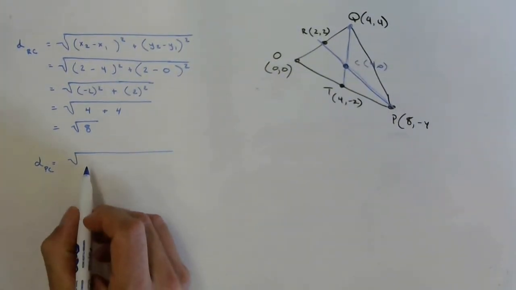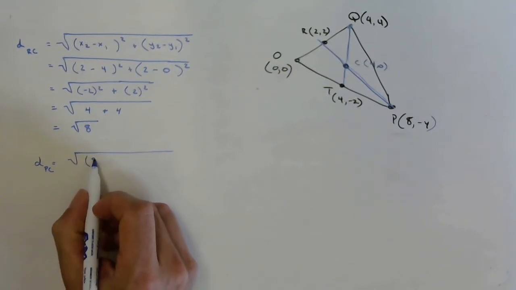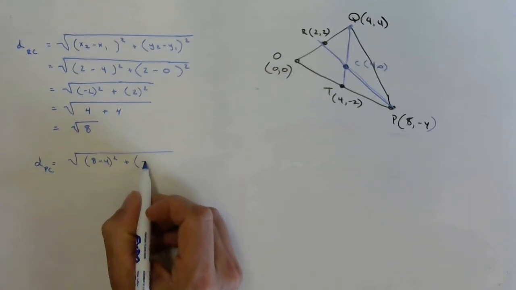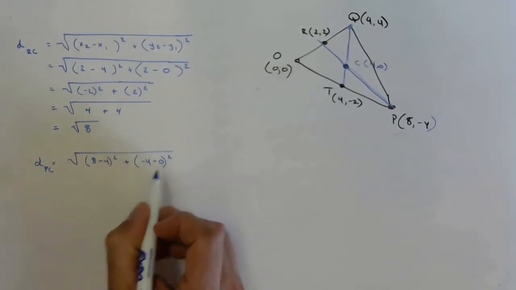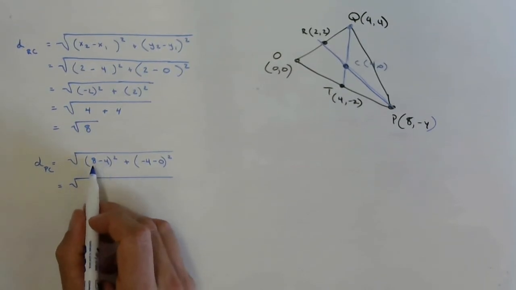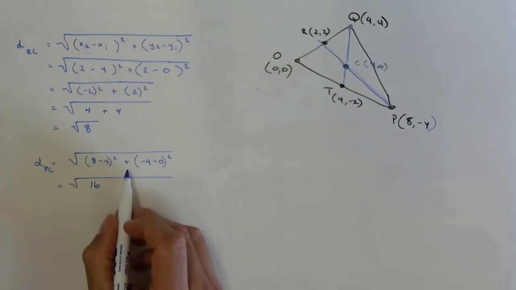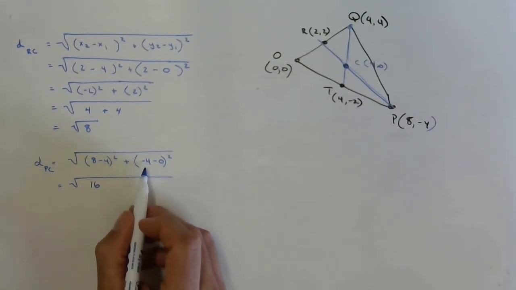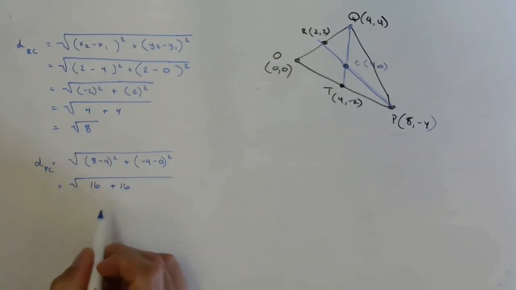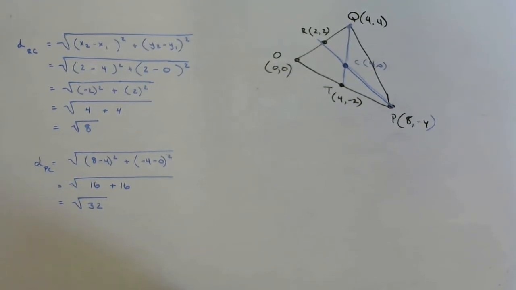All right, from PC, we've got 8 minus 4 squared plus -4 minus 0 squared. 8 minus 4 is 4. Squared is 16. Over here, we have -4 minus 0, that's -4. Squared, that's 16. Equals radical 32.